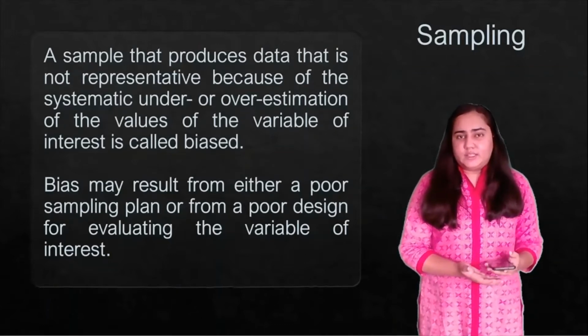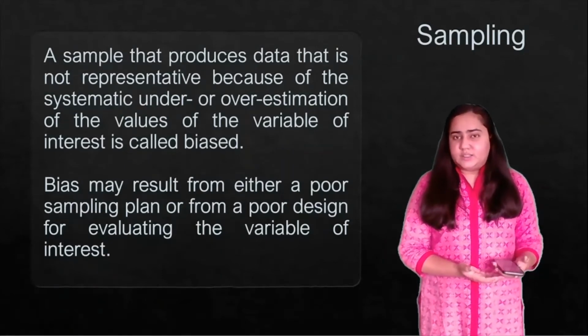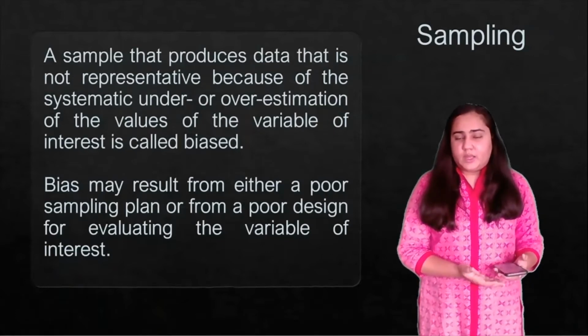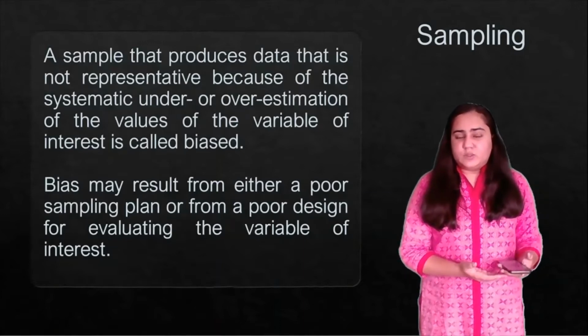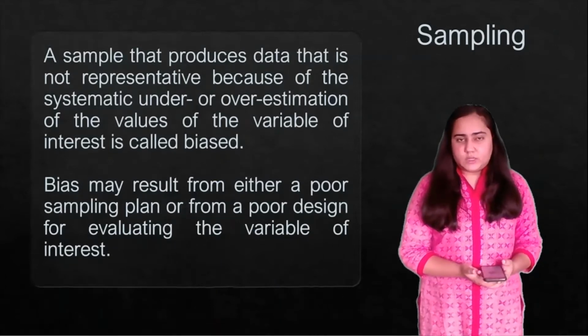So if you are analyzing such opinions, but you are only going to an institute that is taking exams online all the time, and you're only asking these students, then your sample will definitely be biased because these students are more likely to prefer the online method since they are already using it.